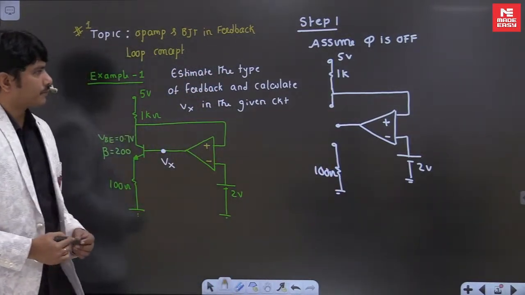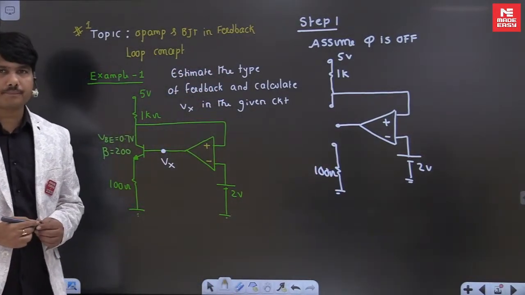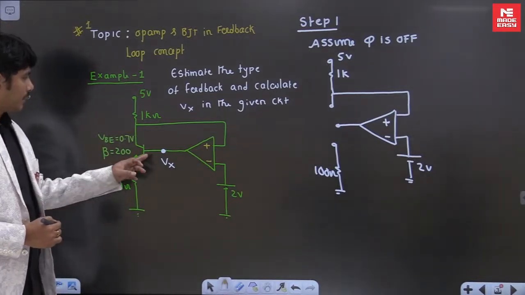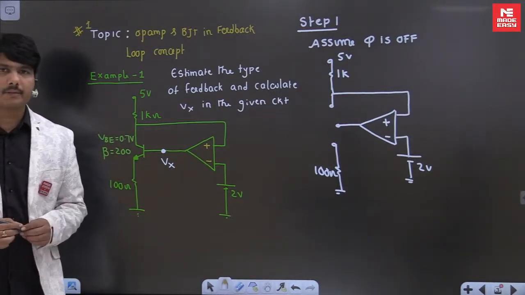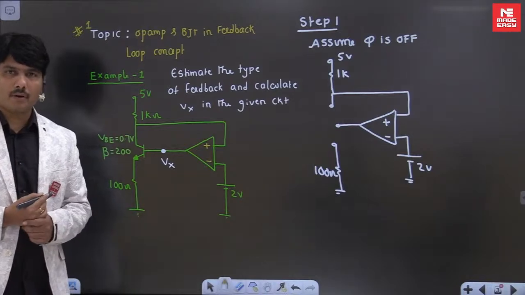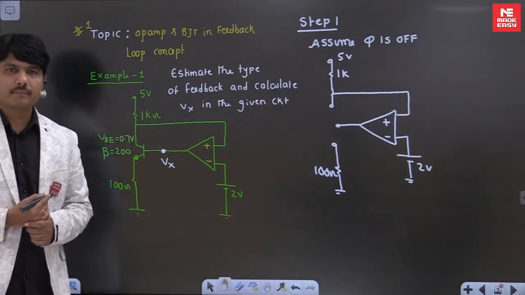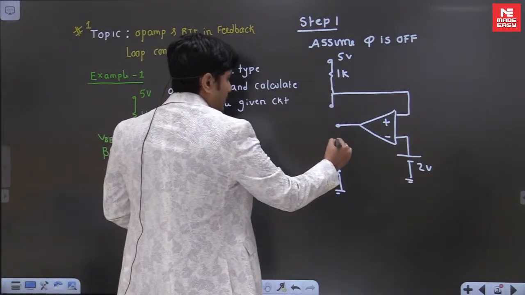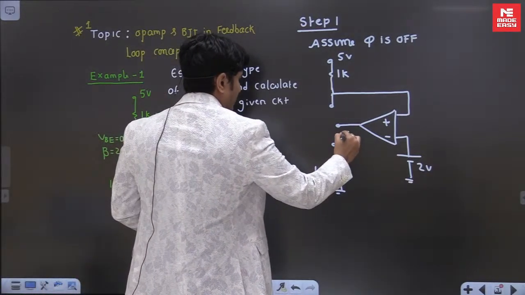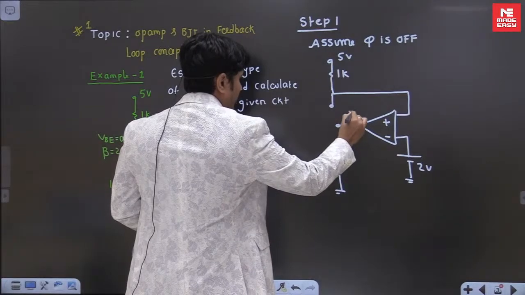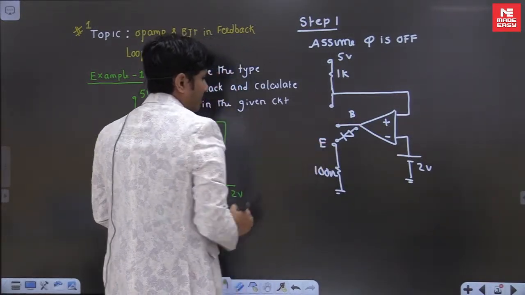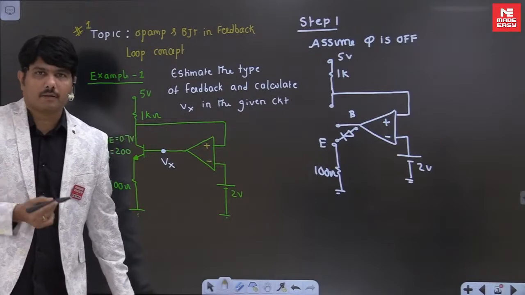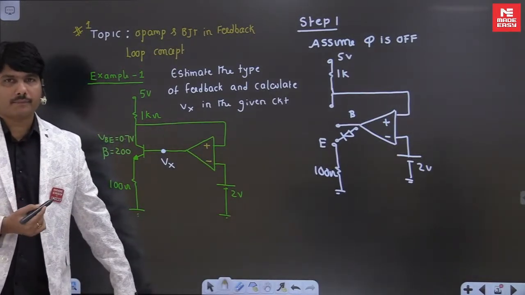So your transistor is in open circuit mode. Now let us understand, there is a base to emitter diode. If this diode is on, we can say it is in the active region. If this diode is off, we can say it is in cutoff. So there is a diode we'll keep here, which is the base to emitter diode. The main interest is to find out that diode position, whether it's on or off.